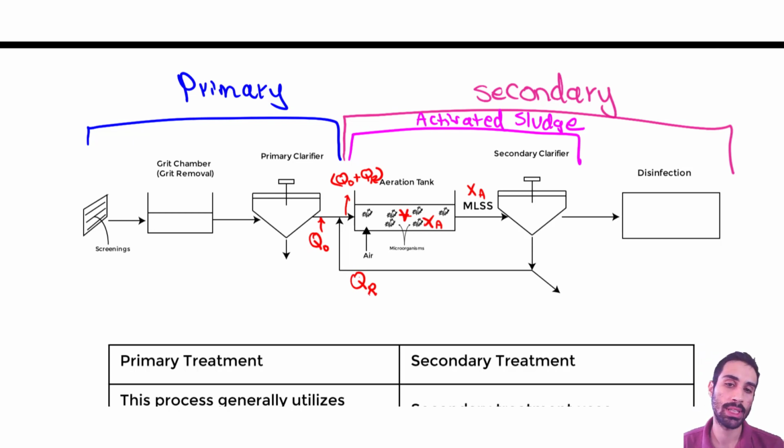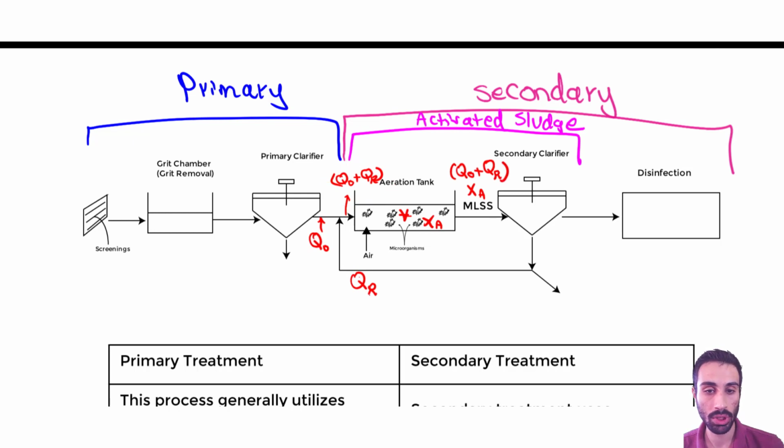And here I notice that this Q naught plus QR is multiplied by XA. It makes sense as to why, right? This Q naught plus QR comes in the tank, then it's the same Q naught plus QR, the total flow, that comes out of the tank, right? So I can actually denote it here as well, Q naught plus QR.